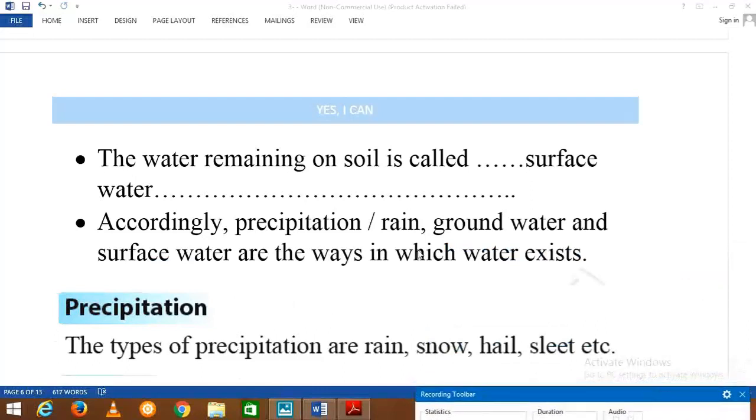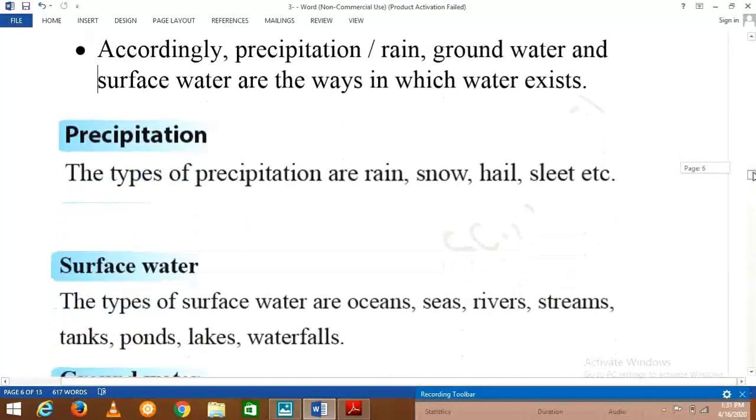Accordingly, the three ways in which water is available are precipitation or rain, groundwater, and surface water. So we'll consider the types of water based on availability one by one. First we'll consider precipitation.